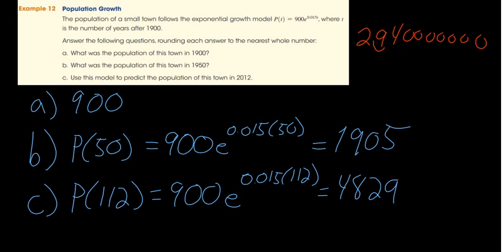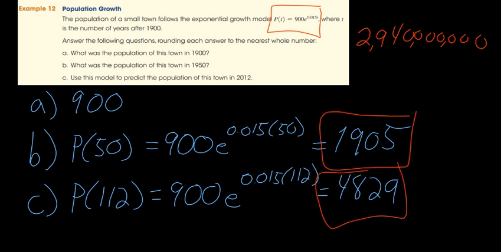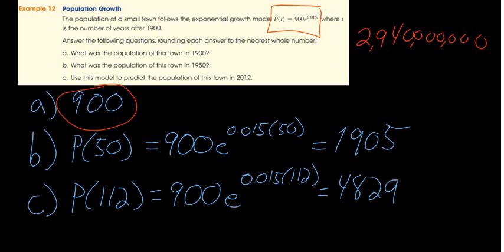Now this particular town, obviously, I'm sure is fictional, right? But if any town followed this particular growth model, well, after 50 years and after 112 years, we have decent looking numbers, right? Well, let's say the year is 1020, exactly 1,000 years ago. I'm pretty sure there were towns with 900 people, and I'm pretty sure there were towns with 900 people that might have had close to this growth rate.